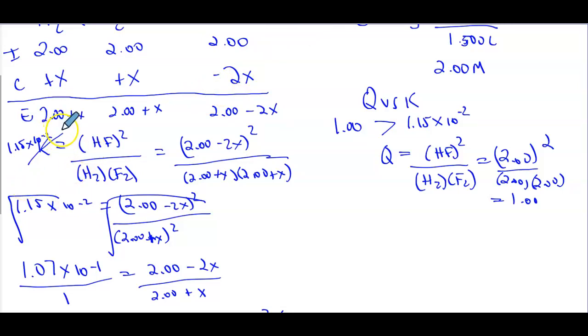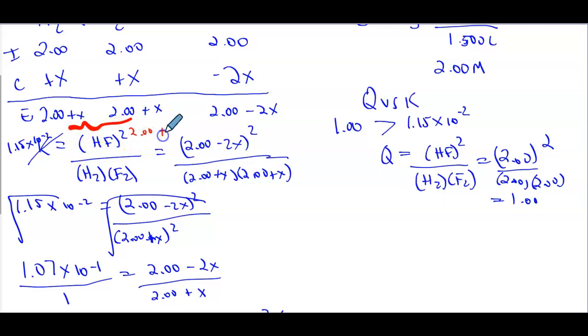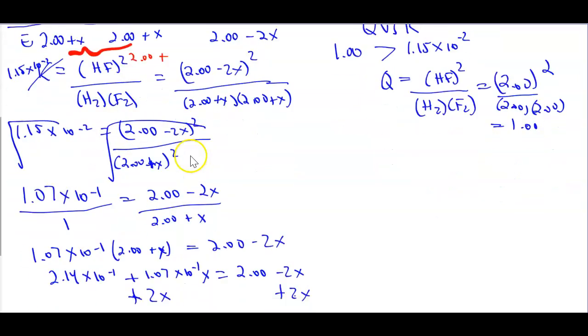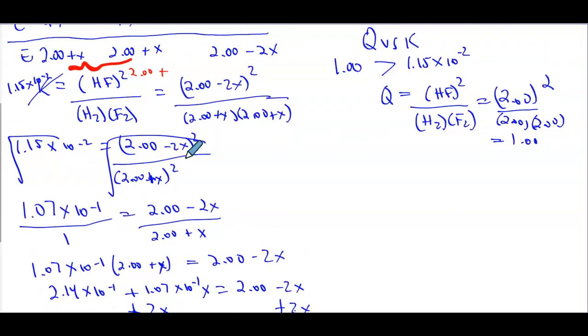For both of these two, let me make my pen a little thinner so you can actually understand my writing. It's going to be 2.00 plus, I already forgot what our x was, 0.848. And this is going to be 2.00 minus 2 times 0.848. So I'm just going to go down here to show my work.